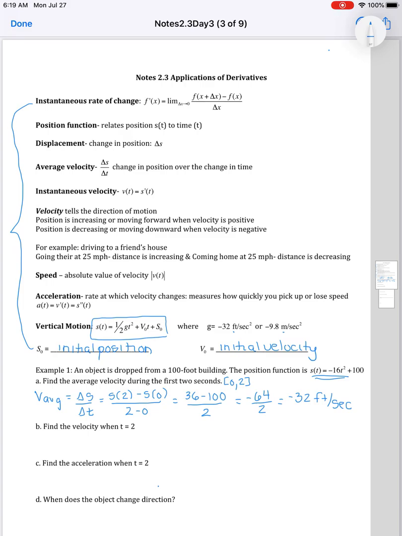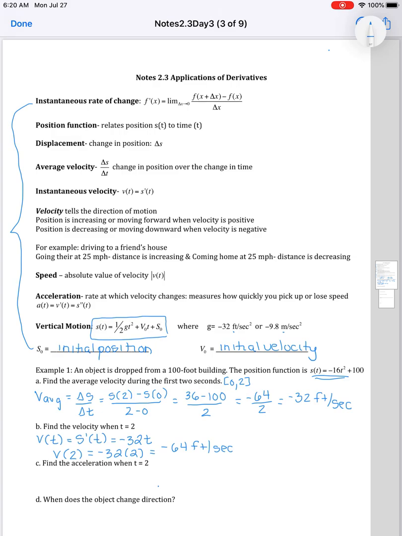So we take the position function and sub in our values. s of 2 gets us 36, s of 0 gets us 100, over 2, and we get -64 over 2, which is -32 feet per second. Velocity is also negative because the object is being dropped, so it's going down.